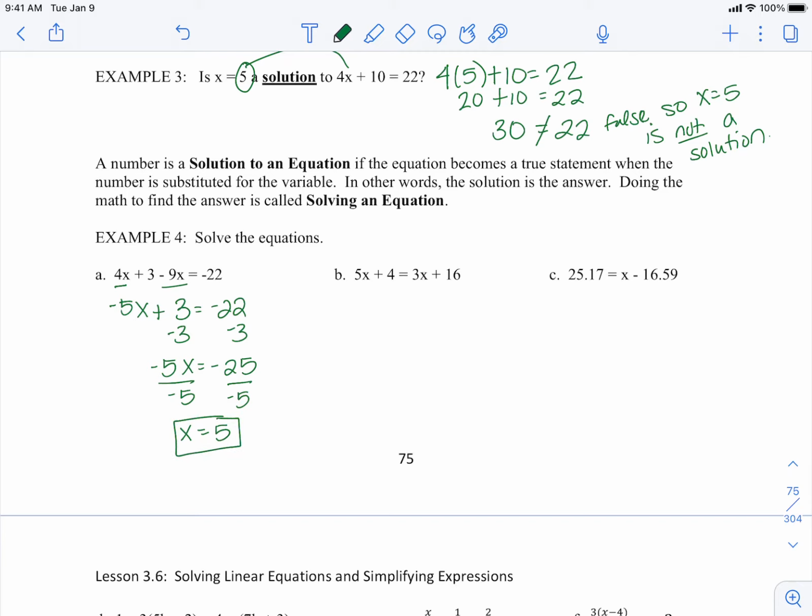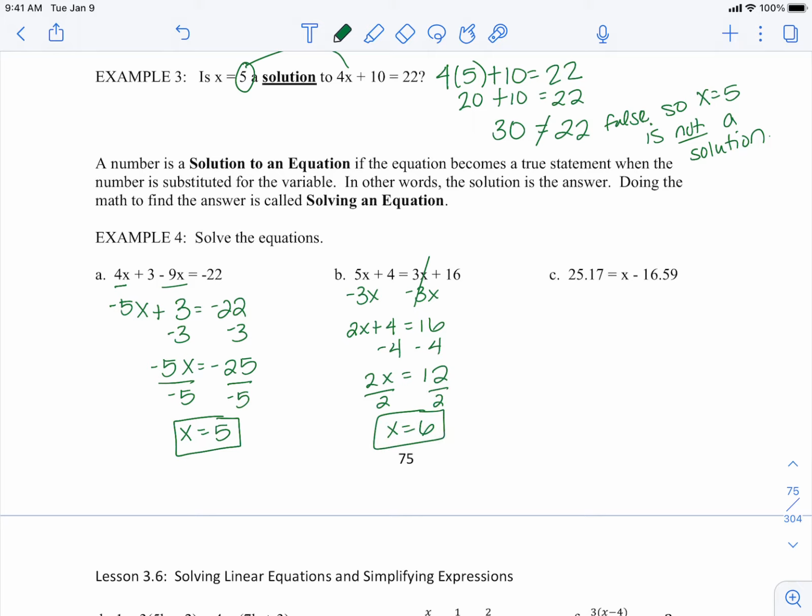For our next one, I'm going to subtract 3x to start. So this cancels. 2x plus 4 equals 16. Then we subtract 4. 2x equals 12. Divide by 2. And x is equal to 6.